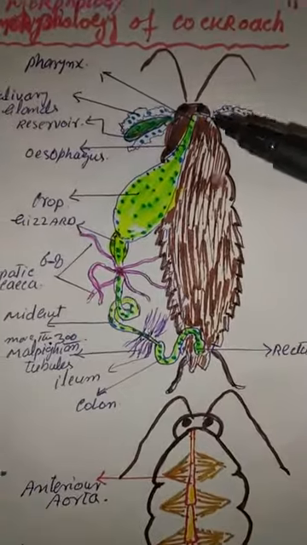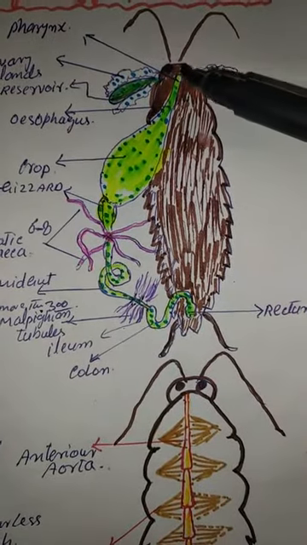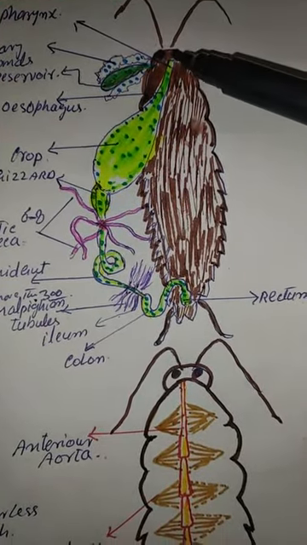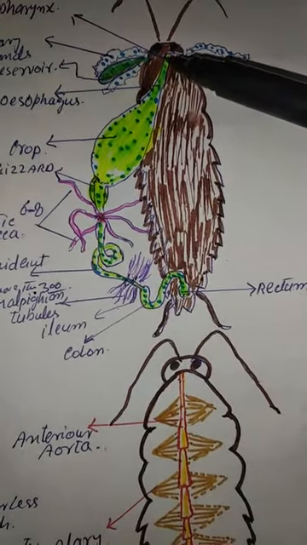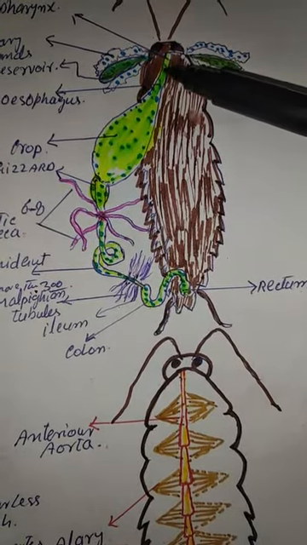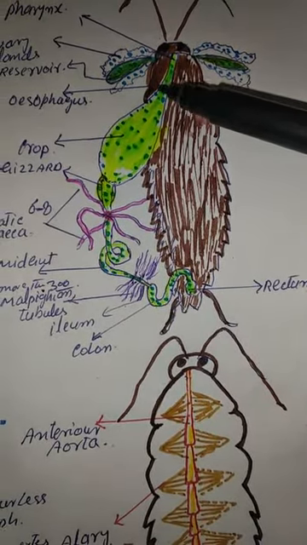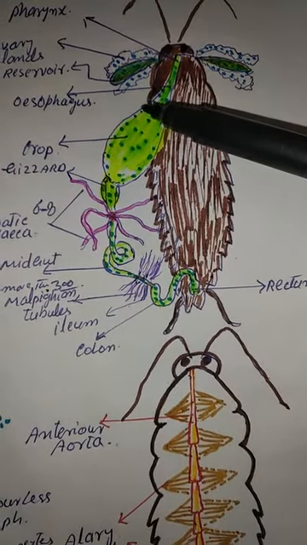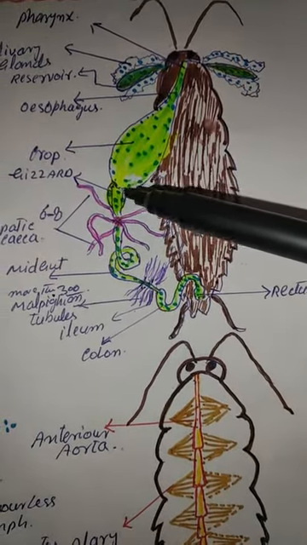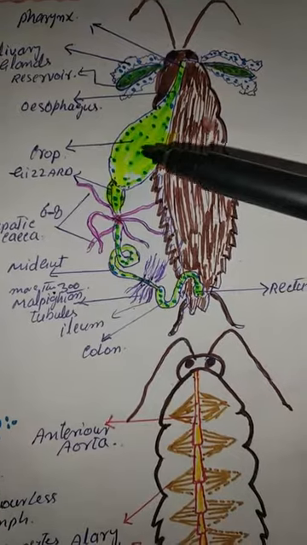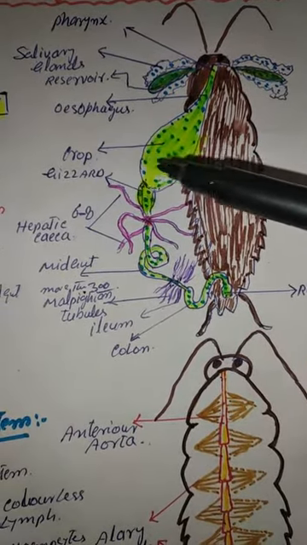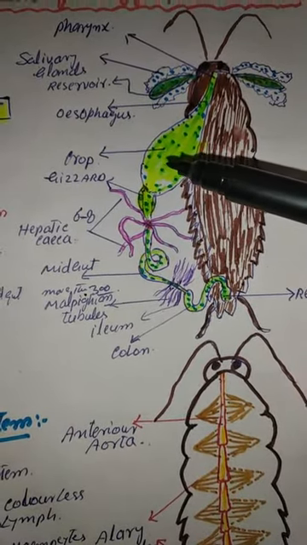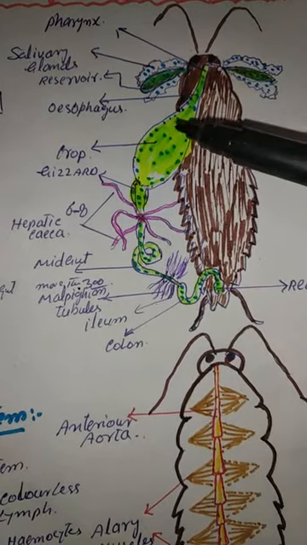Now, as you can see in this sketch, mouth opens into the narrow pharynx, which leads into the esophagus. Esophagus ultimately leads into a wider sac-like structure called the crop, which is in fact meant for the storage of ingested food material.